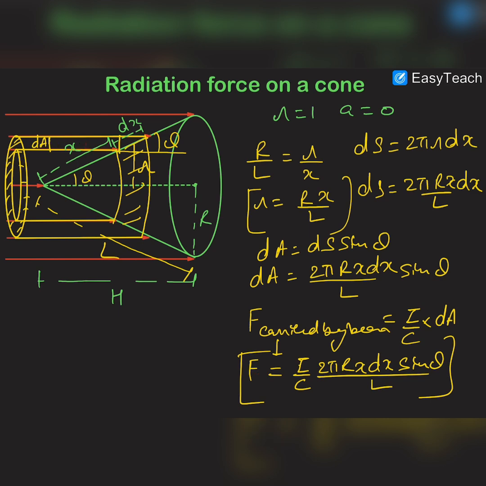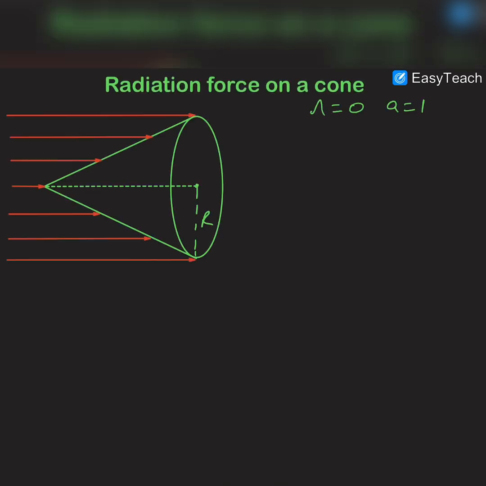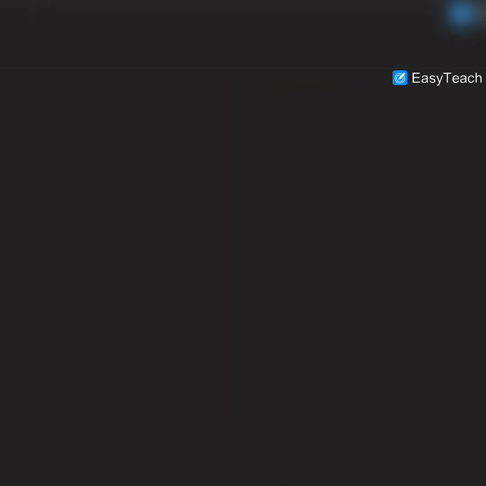So we know that as these photons will be reflected, because it is a perfectly reflecting cone. So let us draw it again, that these photons will be reflected on the surface of the cone. I'll draw the cone again. One second.